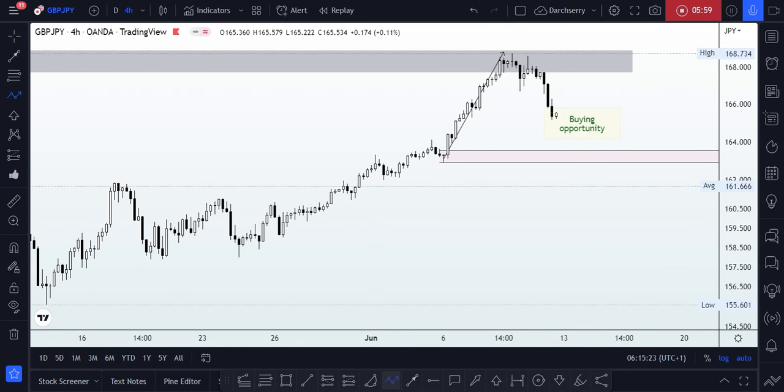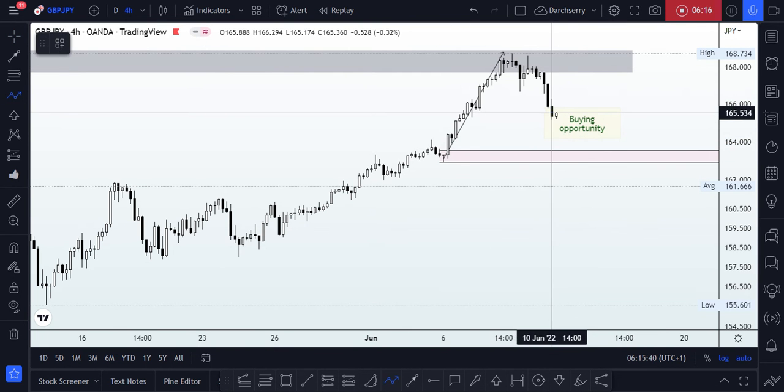However, if we see a breakdown of this buy opportunity zone, then there is a possibility that price will come back into the level where it started last week to push price further up. That is the second scenario I'm having here.